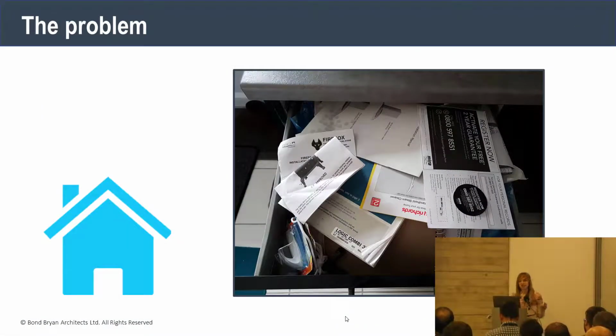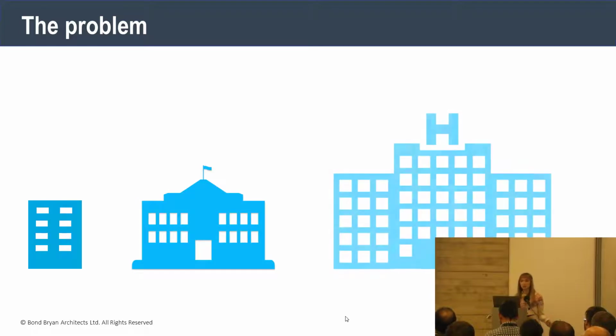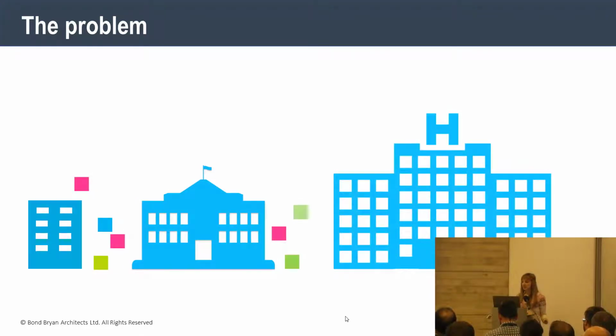In my kitchen at home, I have a drawer, which is full of instruction manuals and warranties for all the items in my house. And I'm not going to lie, it is a complete mess, and it's a miracle I ever find anything. Scale this up to an office, a school, or even a hospital, and just think of all that information.